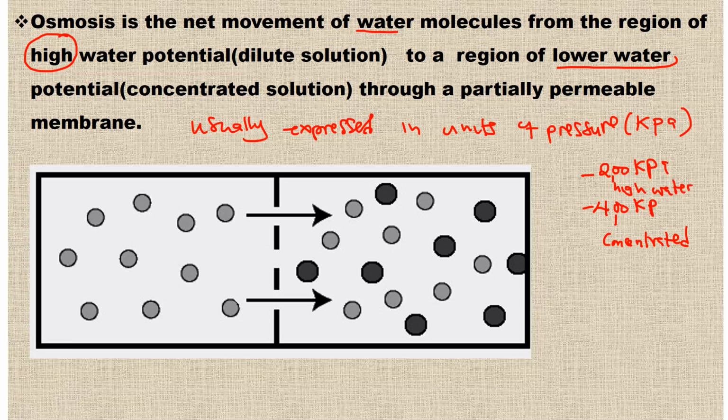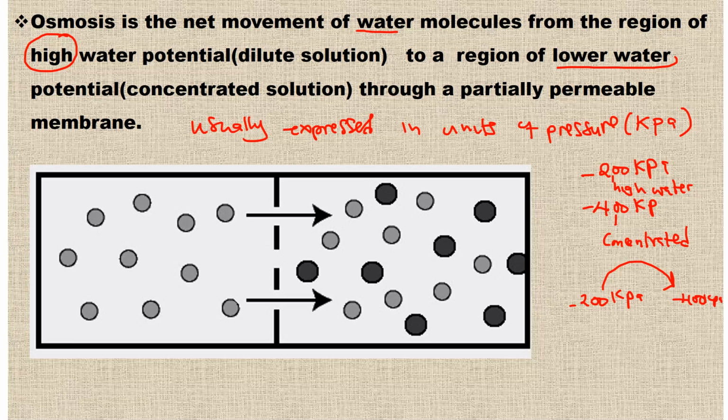So if you have two solutions with negative 200 kilopascal and negative 400 kilopascal, which one has high water potential? It is the first one. Lower water potential is negative 400. Now, water moves from the region of high water potential to the region of lower water potential.